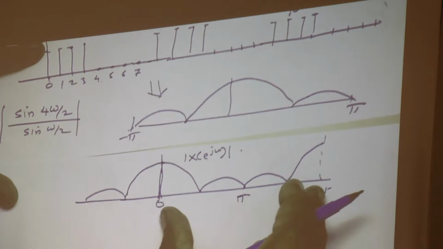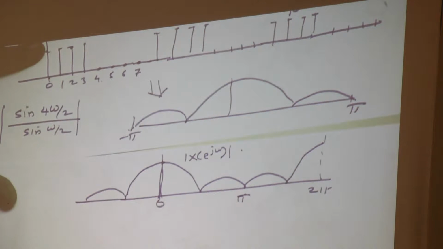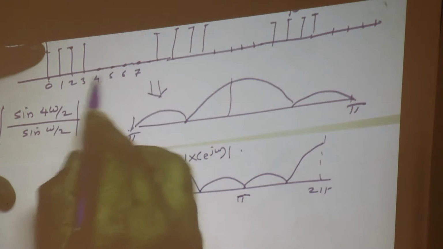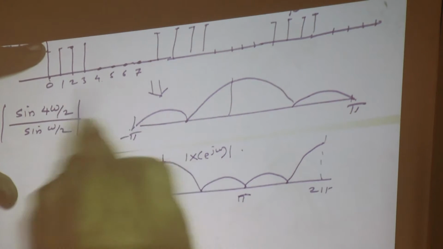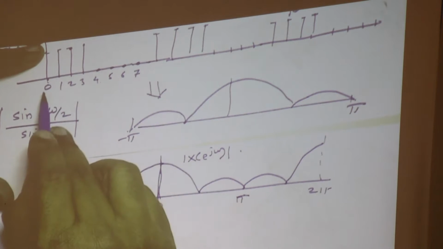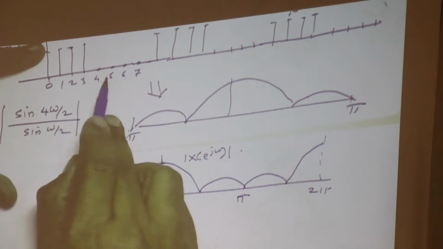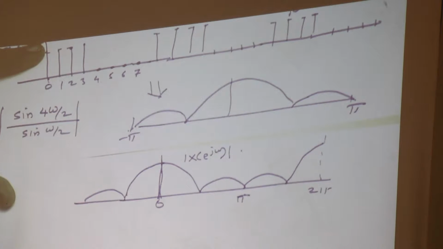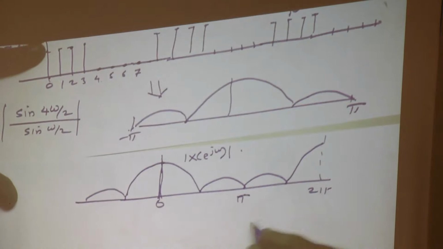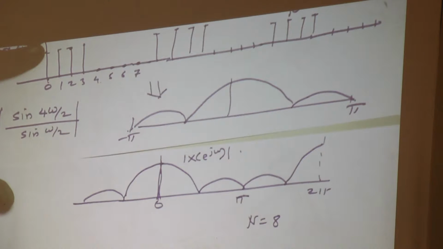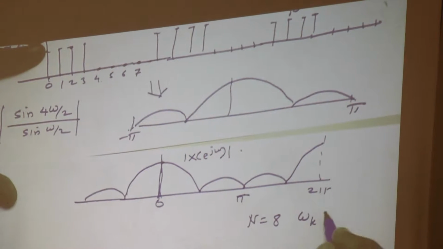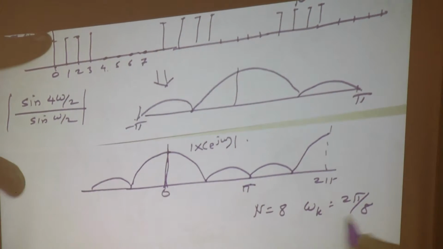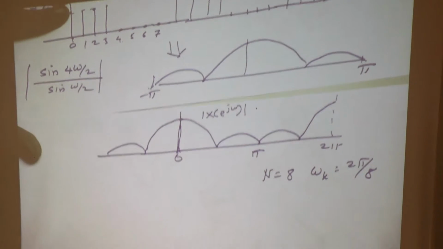Now, what I am going to do is, this I am going to sample at what instance? Since I am now choosing only 8 values of the sequence x[n], x[n] exists from only 0 to 7, where 0 to 3 is constant 1 and 4 to 7 is 0. When I take this sequence, that means I am choosing now N equal to 8. N equal to 8 means what? What is omega k? Omega k is 2 pi by 8, means pi by 4.